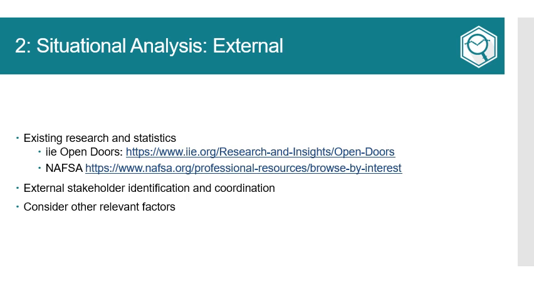Moving on to the external portion of the situational analysis, this is where we take into account data from secondary sources, such as the National Association of Foreign Student Advisors, Institute of International Education, perhaps government statistics. We can also coordinate with external stakeholders by conducting interviews, focus groups, or surveys to figure out what other entities are doing in this programmatic area.